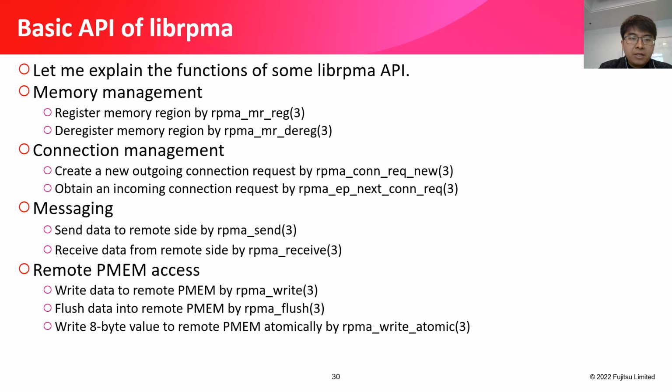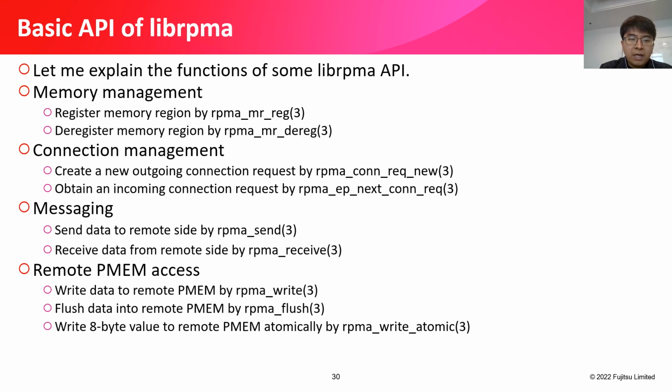Let's look at the basic API of librpma. I will explain the functions of some librpma APIs. For memory management, we can register a memory region by rpma_mr_reg and deregister a memory region by rpma_mr_dereg.